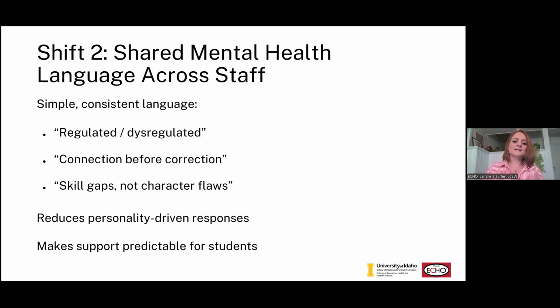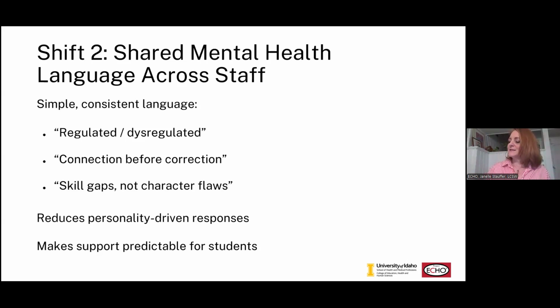It's very simple, consistent language where we change from statements like acting out or attention seeking or overreacting or defiant and lazy, and instead use descriptors of their nervous system, such as regulated versus dysregulated. In this way, we're understanding that there's a state change going on within the individual, not a character flaw going on within the individual. And it shifts from judgment to understanding and moves into solutions.